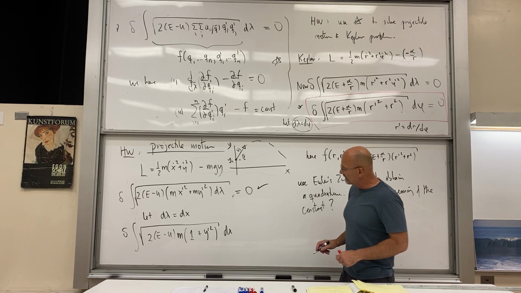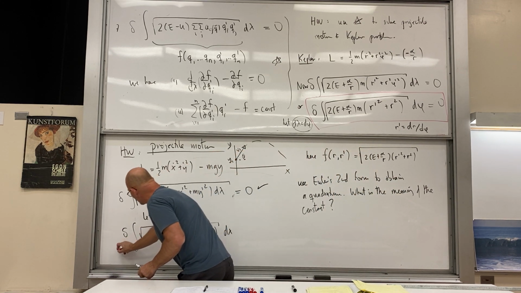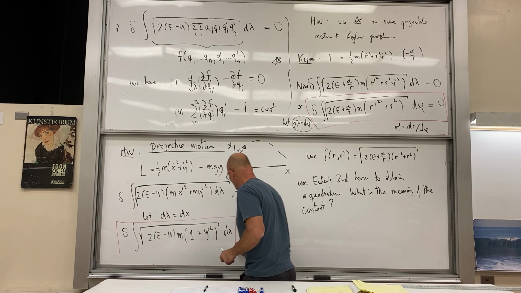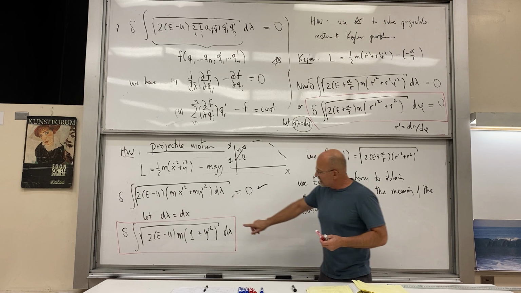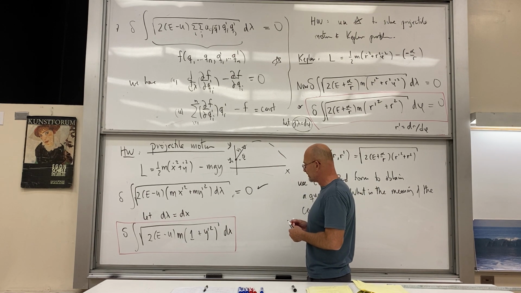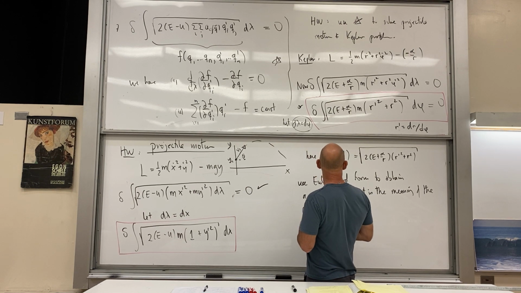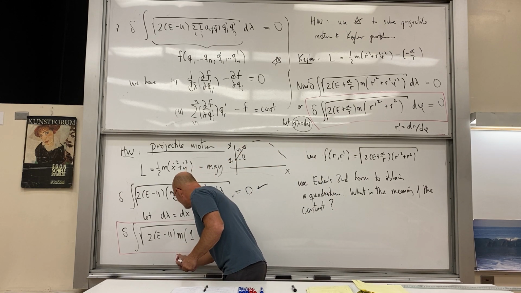And again, this is our, time for another red box. Yeah, red box. So this entire square root object is our function f.